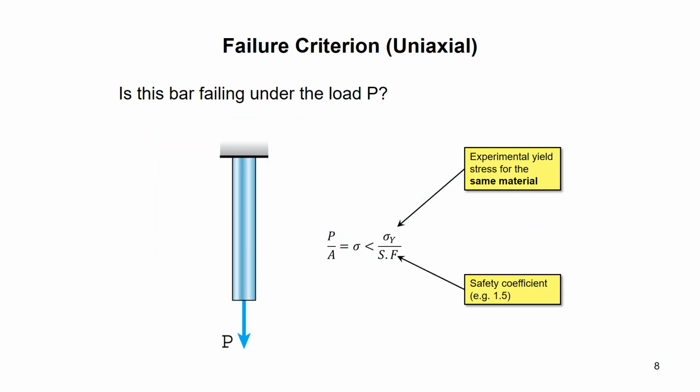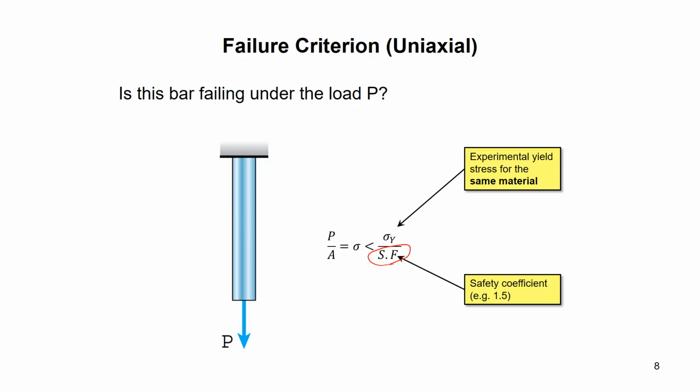So now, when you want to design, as I said, you always make sure your stress is less than the yield stress. But not only that, we engineers are always cautious. Not only do we make sure that the stress, which is calculated by P over A, never exceeds sigma y, we also make sure that it's always less than sigma y divided by a number, where that number is more than 1.